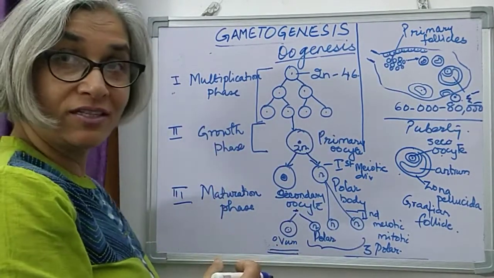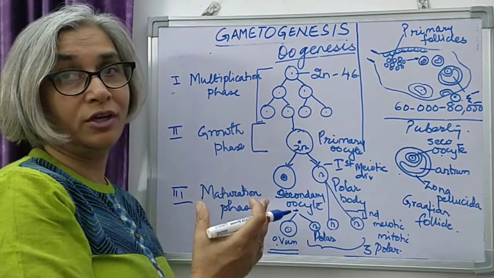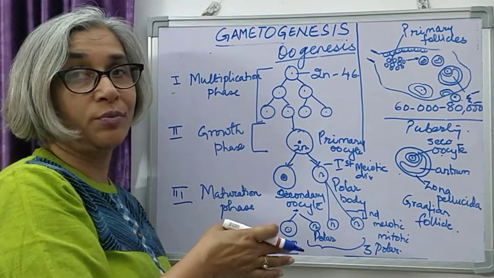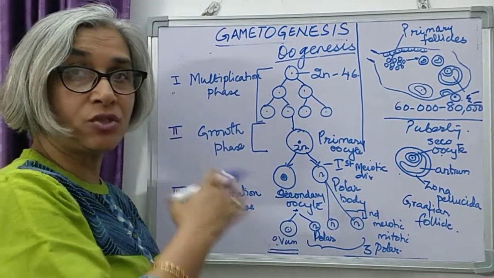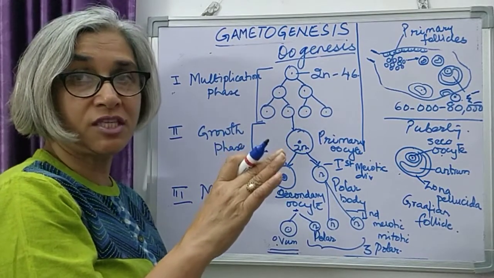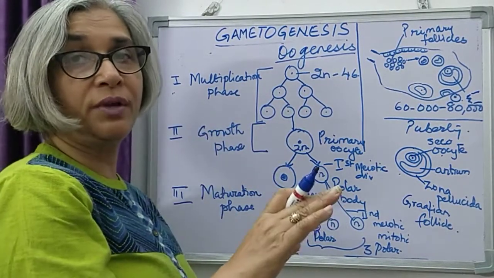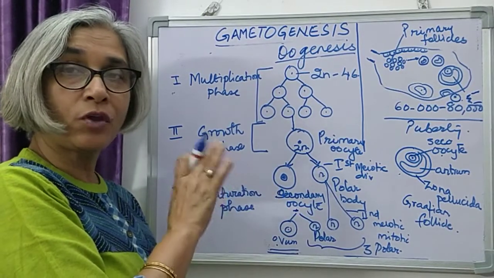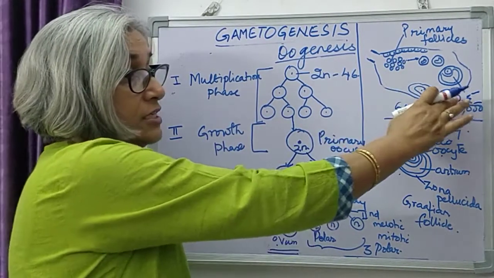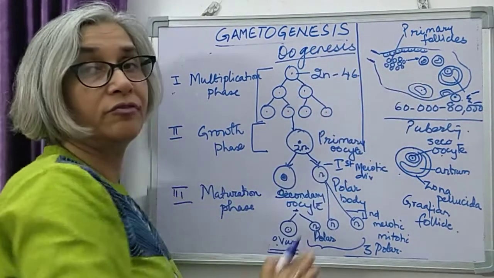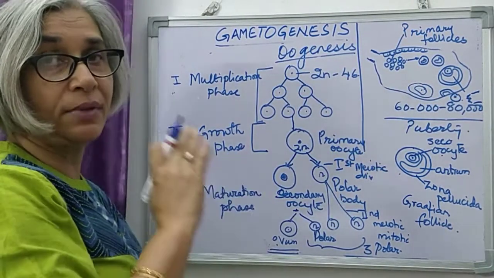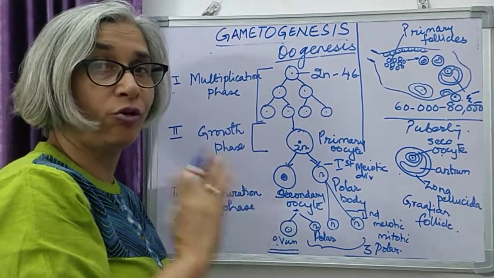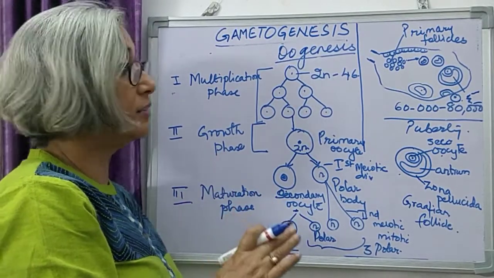If fertilization occurs, the Graafian follicle, which has changed into corpus luteum, will persist throughout the period of gestation, throughout the period of pregnancy, and will help to maintain the pregnancy by producing hormones. If fertilization does not occur, then the Graafian follicle degenerates by the 28th day of the ovarian cycle.